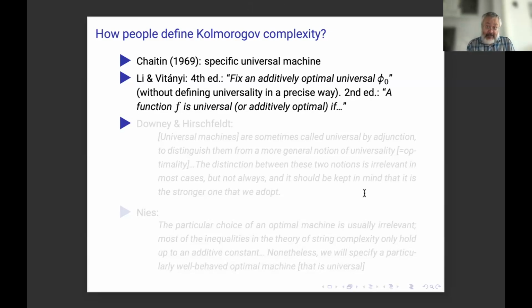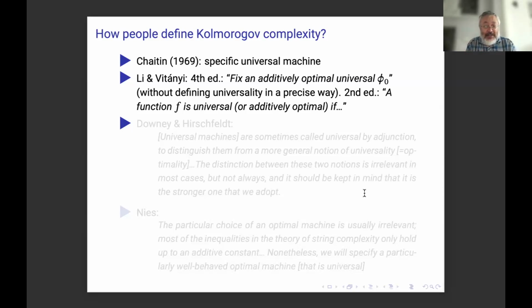But in the second edition, universality is defined as just a synonym for additivity of optimality. So it's not clear. It seems that what they want is to consider the optimal machine, but why they use the word universal, I have had no chance yet to ask them, but it's interesting.